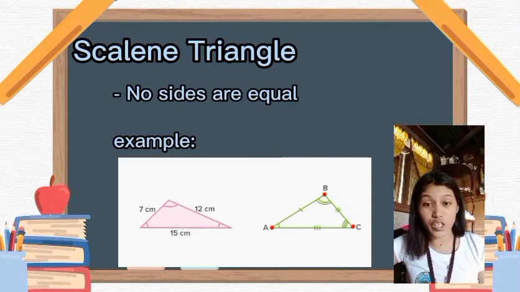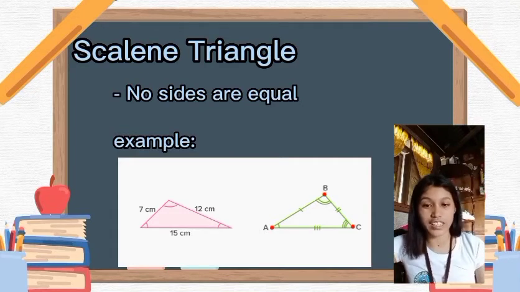So the measurement of every side of the triangle is not equal. Not even one side is equal. All of the measurements of this triangle are different. If the sizes of the sides of a triangle are not the same, it is called a scalene triangle.